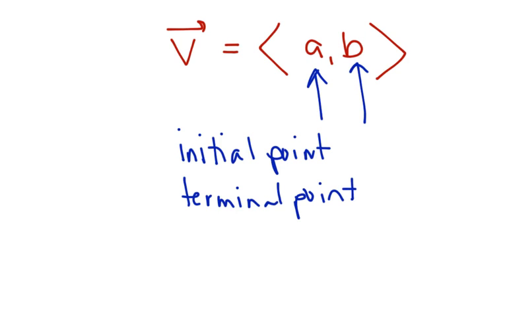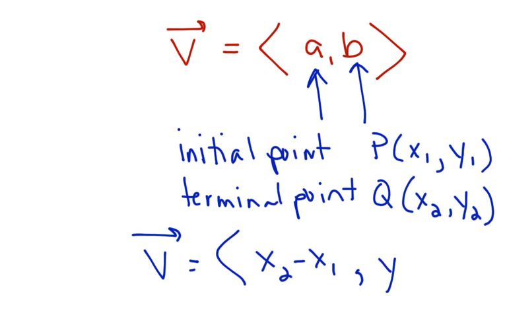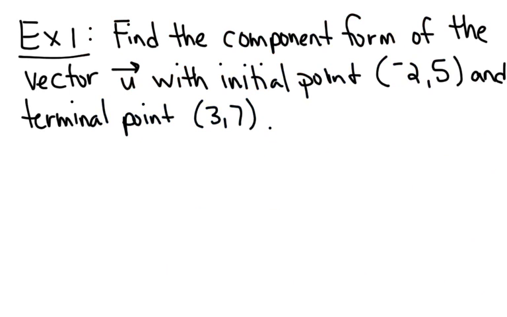To find a vector, if you have an initial point, x1, y1, and a terminal point, x2, y2, you can find the components of the vector by simply doing terminal minus initial, terminal minus initial. So let's say I tell you I have a vector, u.